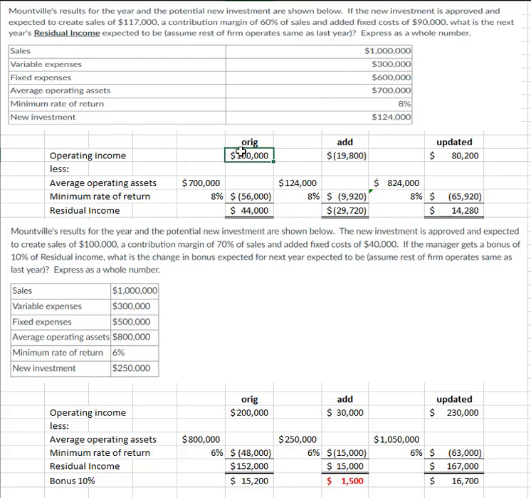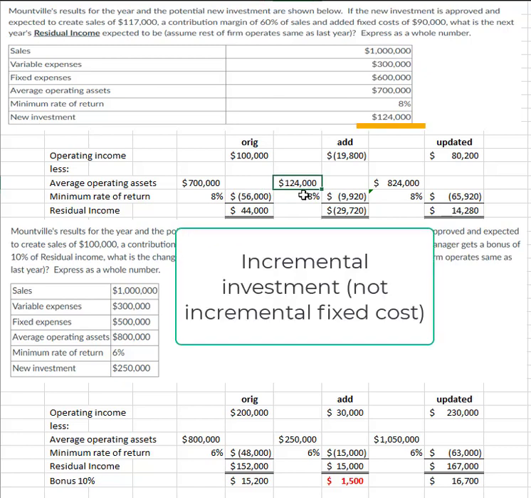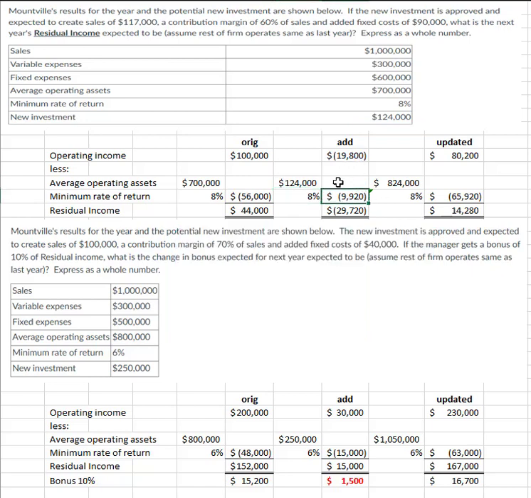All right, so operating income, you take your average operating assets times your minimum rate of return, and that gives you your 56. Subtract that from operating income, giving you residual income of 44. Here, the incremental fixed cost is the 124, the new investment cost, times the minimum return gives you this capital charge that you would subtract from operating income, giving you even a larger negative.